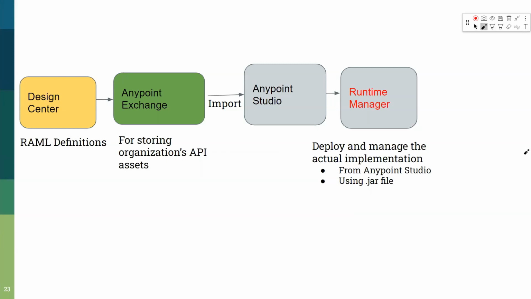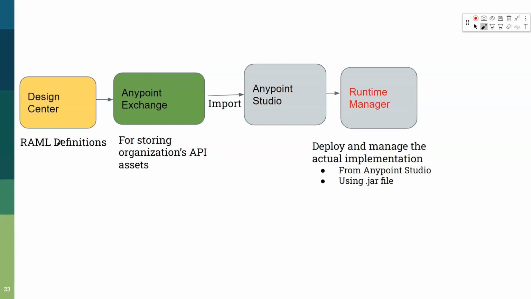So our API lifecycle management starts from Design Center. In Design Center, we create the specification. It could be with RAML, usually it is with RAML, but there is also another one called OpenAPI specification.